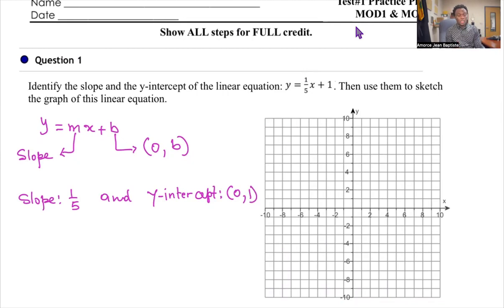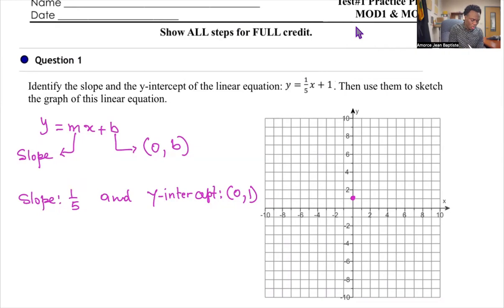This information is enough for us to be able to sketch the graph of this equation. So to do so, we're going to first plot the y-intercept, which is 0, 1. So that means it locates on y equals 1 on the y-axis. And the slope is 1/5.